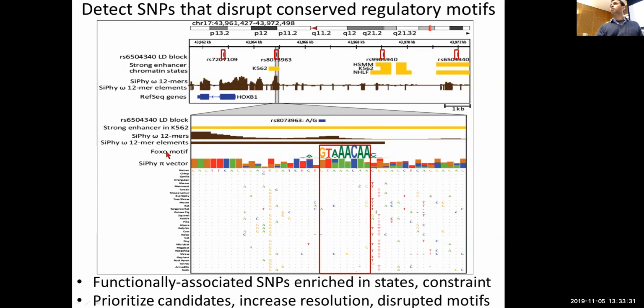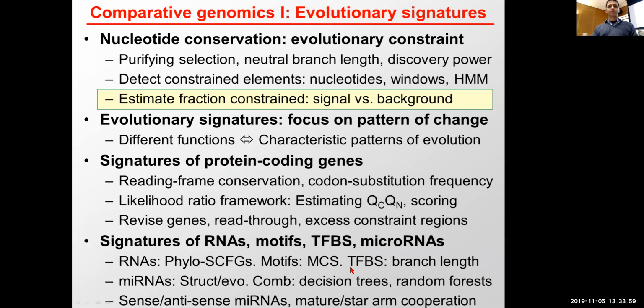You can see that because of all of these excluded substitutions across different species, okay? And therefore you can say, well, great, there was a mutation here, and that mutation is particularly disruptive to that motif. So functionally associated SNPs are enriched for particular chromatin states and for constraints, and that allows you to prioritize candidates, increase the resolution, and also recognize disruptive motifs.